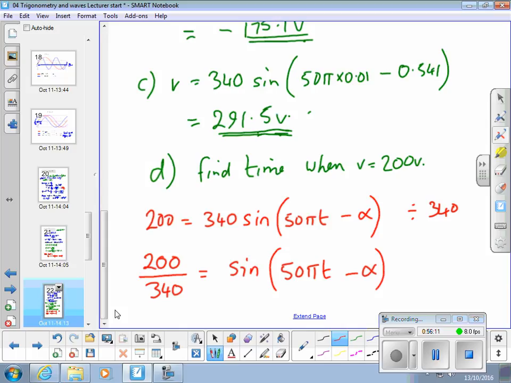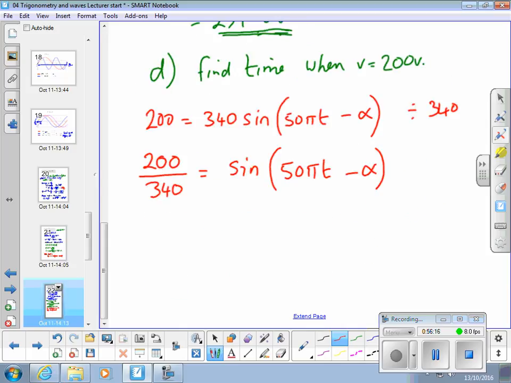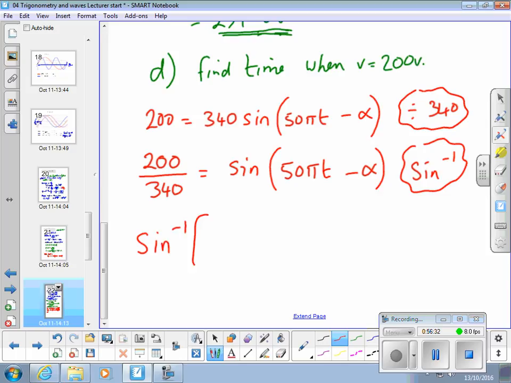How can I get rid of the sine function on this right hand side? Take the sine to the minus 1 of both sides. That's what I did there. So I'm going to go sine to the minus 1 of 200 over 340.